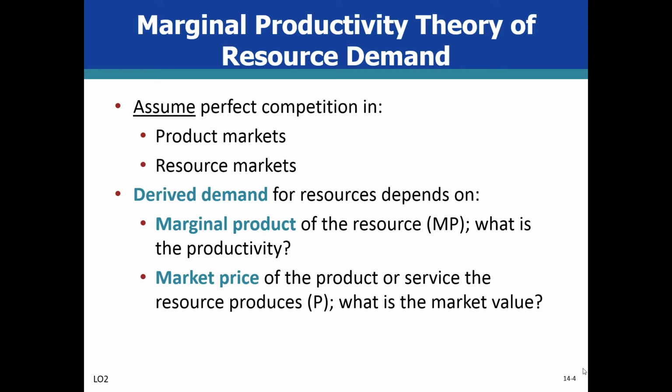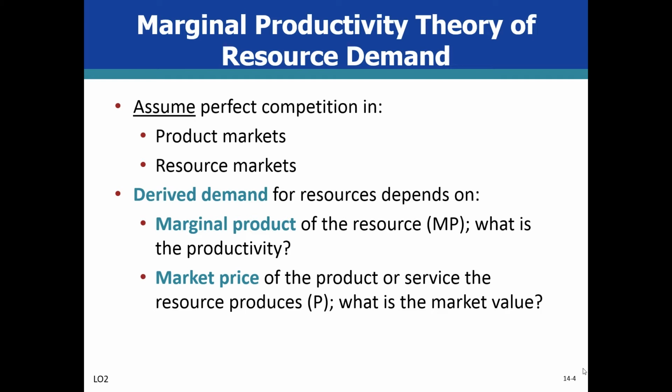How do we determine the demand for resources? To start, let's assume a completely competitive market. That is, pure competition exists both in the product market and the resource market.